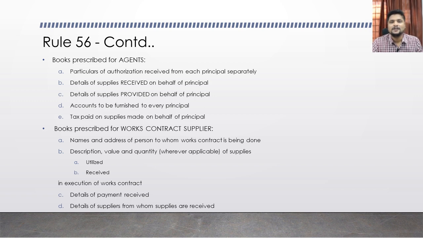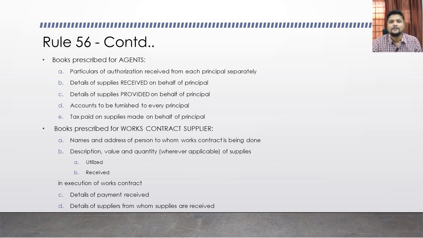Then whatever supplies are received as well as provided on behalf of the principal, those details have to be maintained separately, principal-wise as well as inward or outward wise. So everything has to be separately maintained. There should not be any collapse. The agent should not maintain any net details.